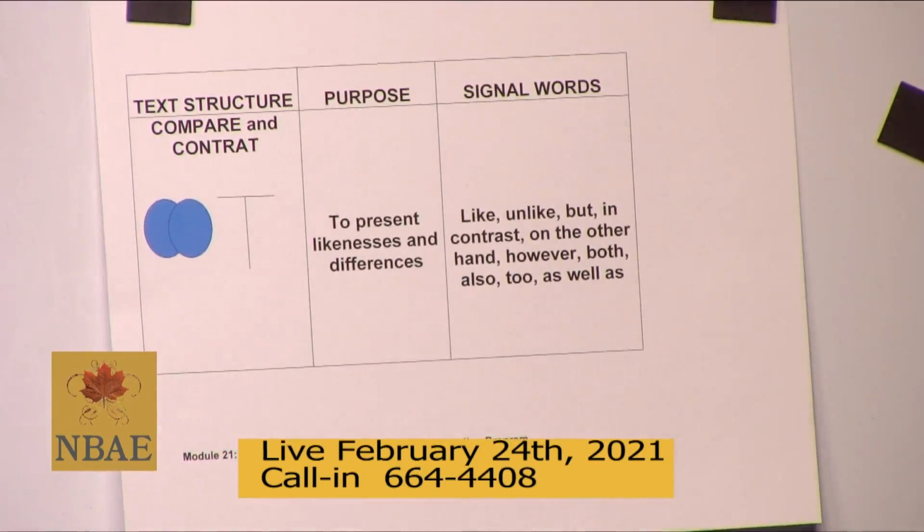And that's basically to present the similarities and the differences. So words that signal this are like, unlike, but, in contrast, on the other hand, however, both, also, and as well as, to indicate that you're comparing two things together.